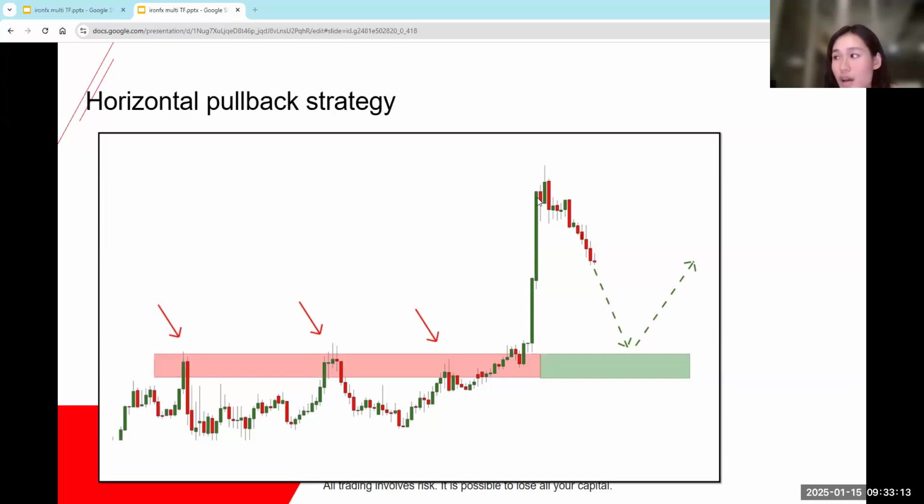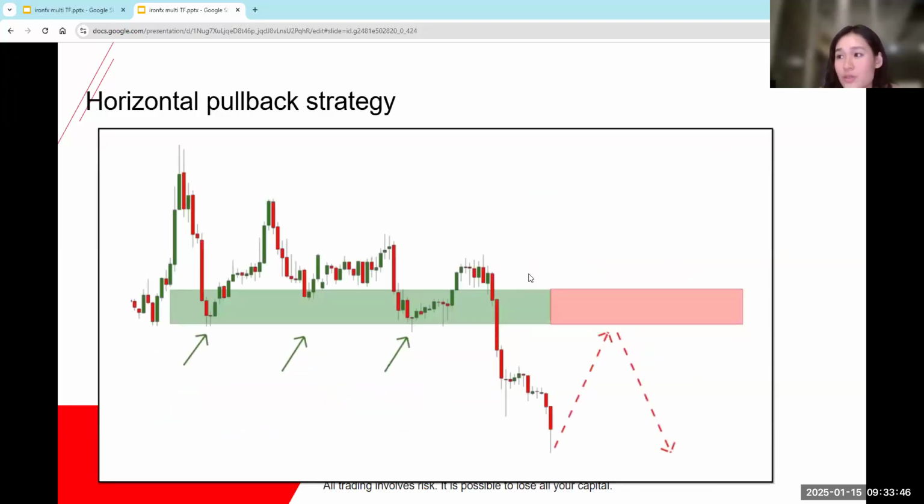We're calling it a pullback because we're expecting price to retrace or pull back to that level. In this case, because it's a resistance that price has broken out of, we're now calling it a pullback support because we're expecting price to bounce off of it again.